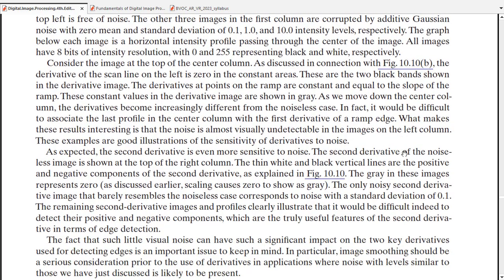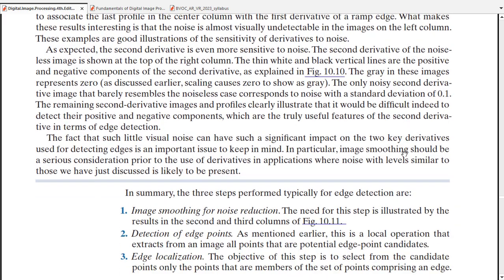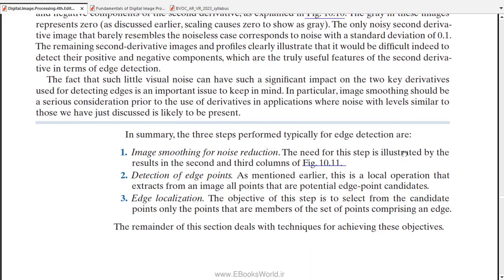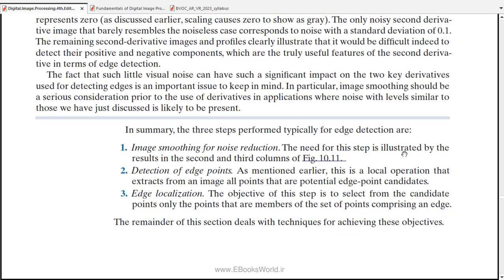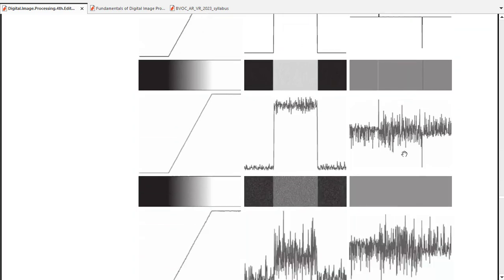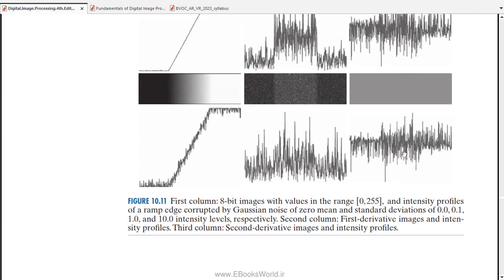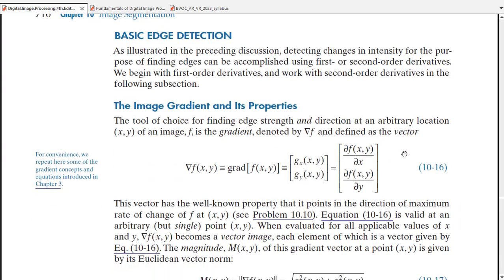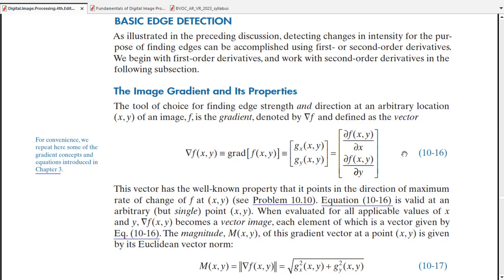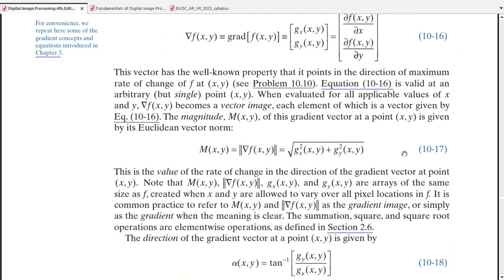So what is the behavior of this type of information? We perform edge detection with image smoothing for noise reduction. We analyze the type of information in that particular role. And the first column gives the type of information of range values and the basic edge direction properties. So we already studied the image gradient and properties.